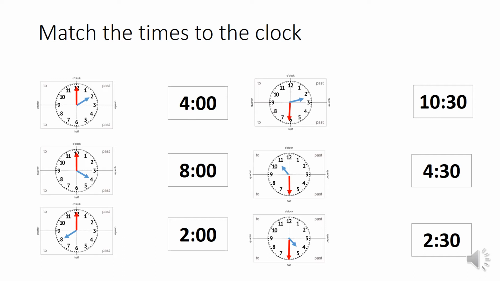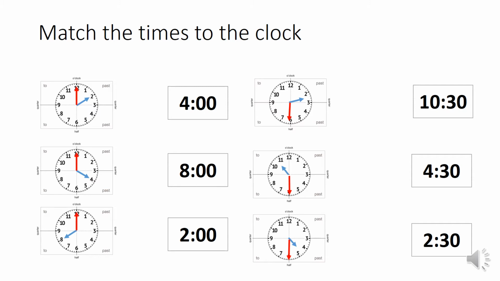And likewise on the right hand side, which one is showing 10:30, 4:30 and 2:30? I'll give you 20 seconds just to solve those. Keep going. Once you've solved 2, then obviously the third one will look after itself because there'll only be 1 time left on each side.